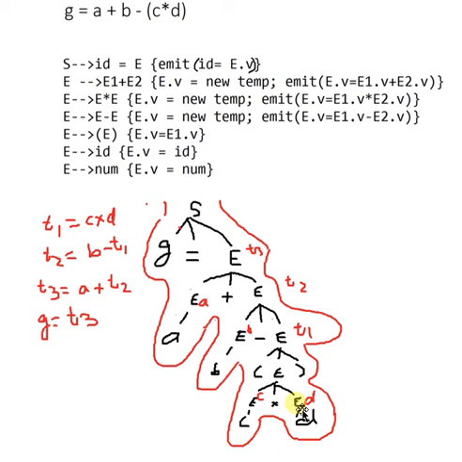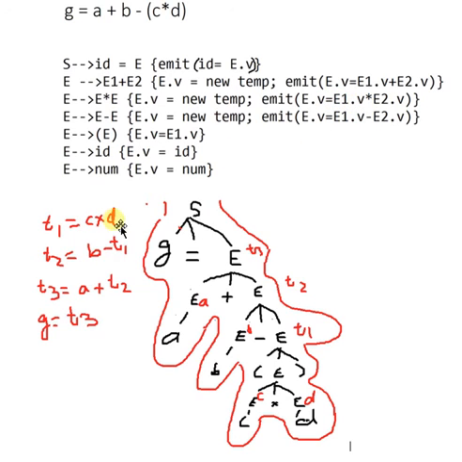And when we reach here, we see E goes to E star E, and its rules are: create a new temp variable, and we print that temp variable, then equal sign, then left E attribute, that is c, and right E attribute, that is d. So we emit that line of code, and that is this new temp variable, let's say t1, equal sign, then c, star, d.